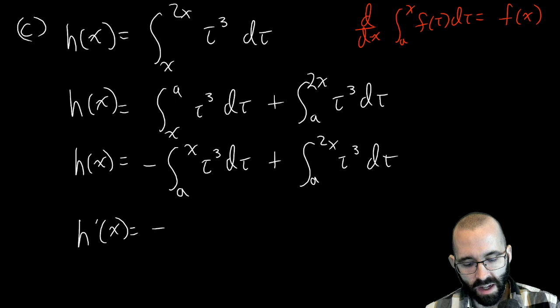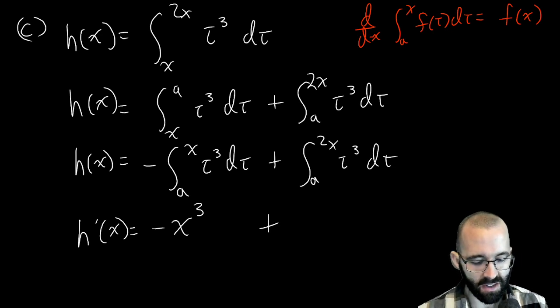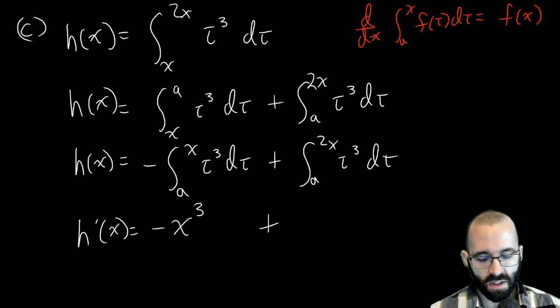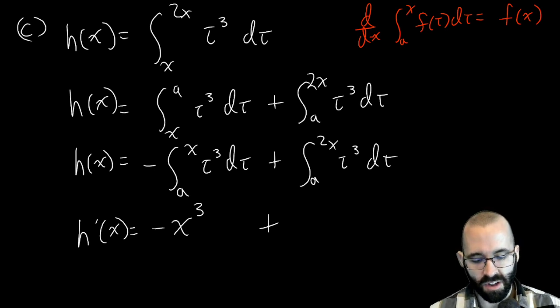And another way of thinking about it is you're just putting this in for that variable, using the chain rule if you have to. So this just becomes negative x cubed, this first one. Fundamental theorem of calculus, taking the derivative. If it's just a to x, all you do is plug in that variable and you're good to go.